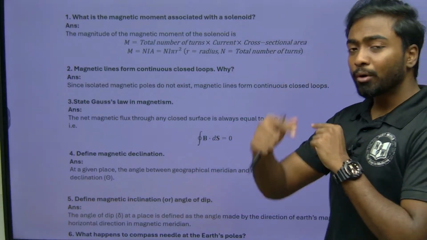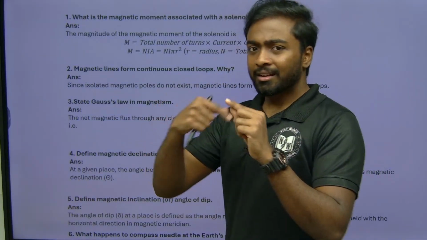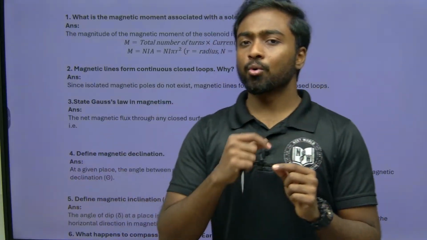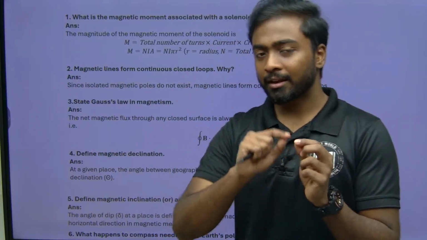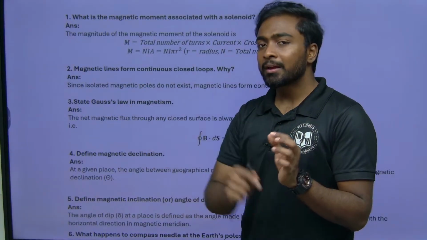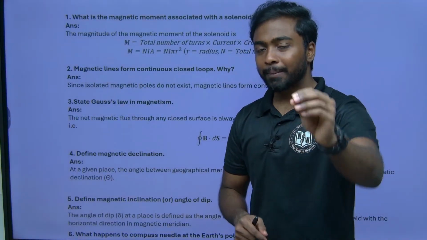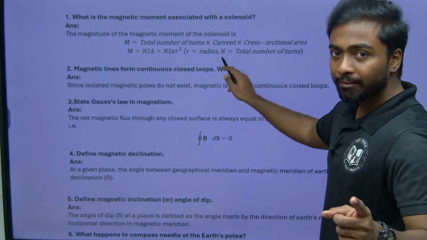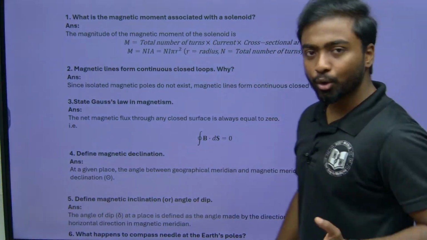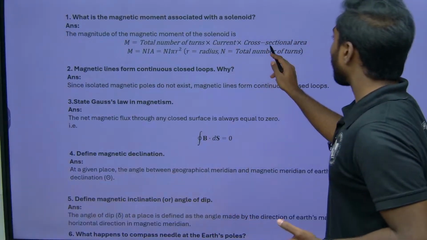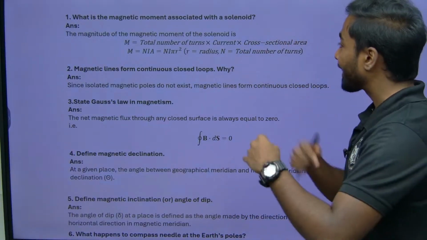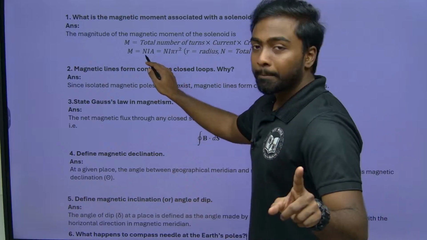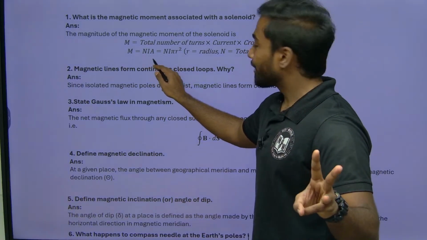When we talk about turns, the wires are there, so charges are passing, and when the charges are flowing, the magnetic field obviously takes place, right? So current will be there, the induced current we are talking about in this, and the cross-sectional area. So number of turns, current and area.